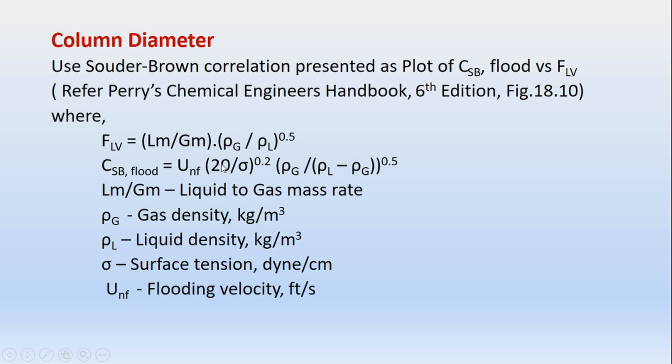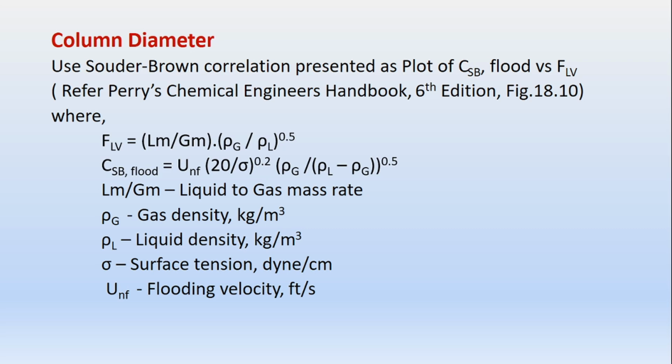Okay, this flooding velocity is the velocity of the vapor at which the flooding will occur in the column. So we have to operate at a velocity which is lesser than this flooding velocity. So generally we will operate at 50 to 80% of the flooding velocity.